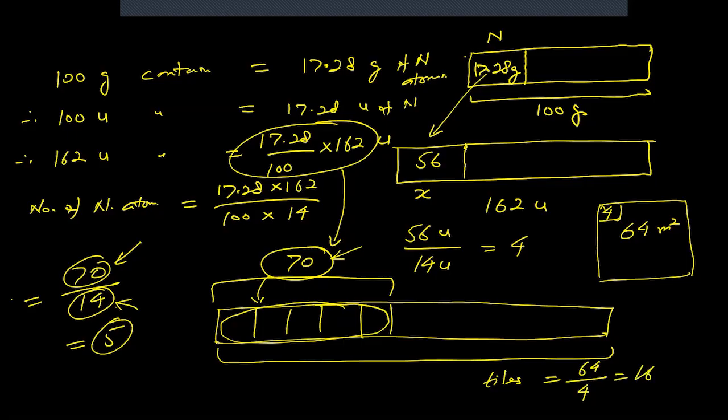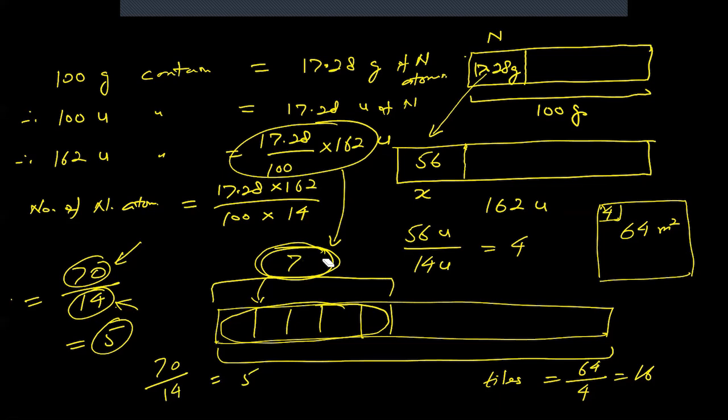Is that clear? Do you remember that? Right? Same logic you are applying here, that total units given is 70, for example, and units in one nitrogen atom is 14. So number of nitrogen atoms will be total units divided by units in one, that is 5.